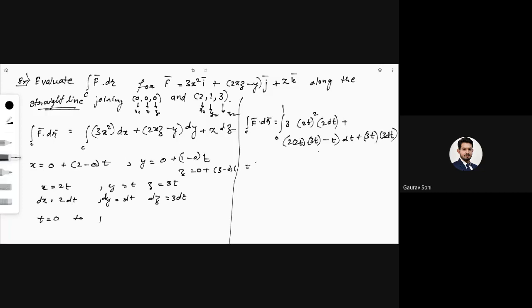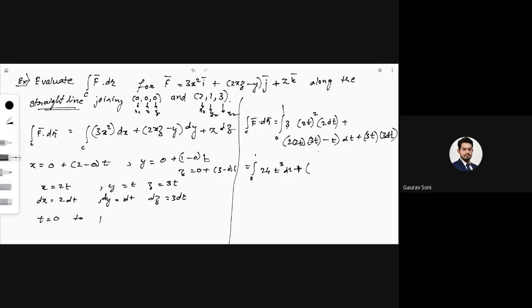Now this is equal to integral 0 to 1. This will be 4, 12, 24 t cube plus... okay, let me just write it down explicitly.